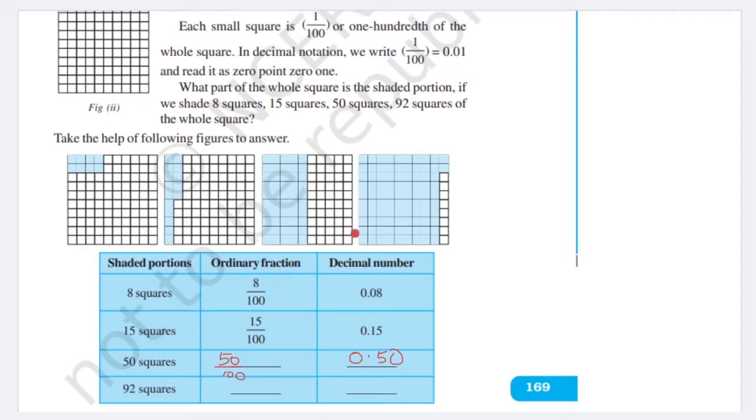Actually it is half. Half of the whole square is shaded. And the next one, 92 squares of the whole square. That means 92 divided by 100. That is equal to 0.92.